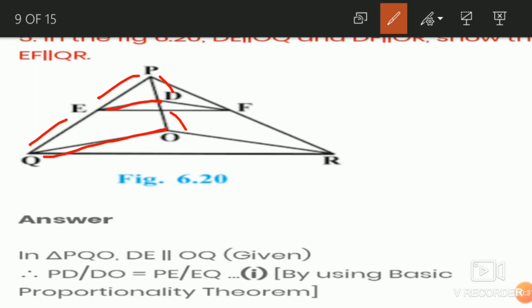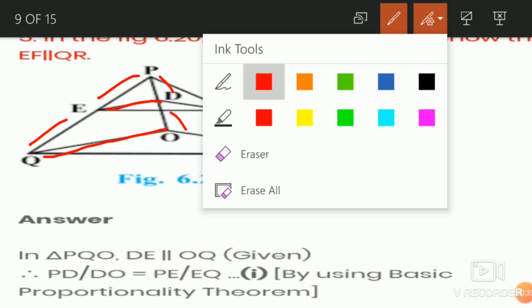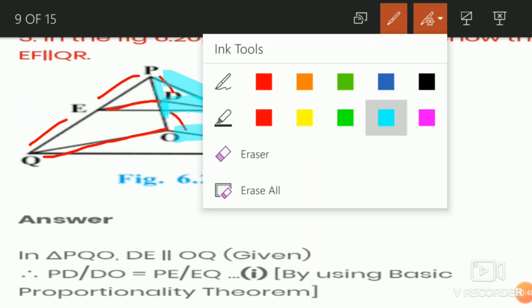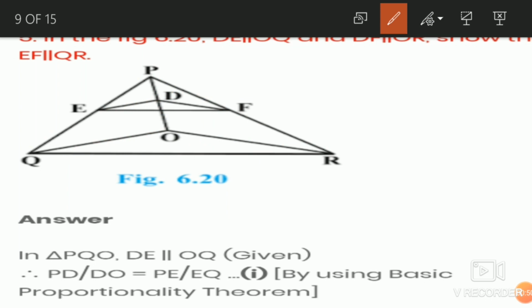Again, it is given that DF is parallel to OR, therefore PD by DO is equal to PF by FR, right? So we can mark them as equation 1 and 2.